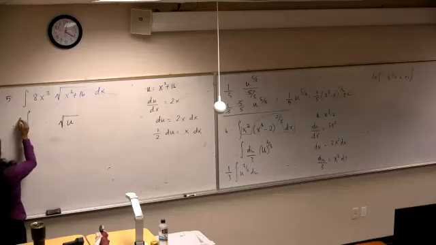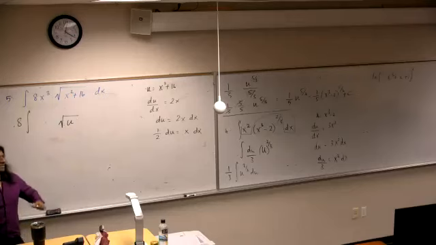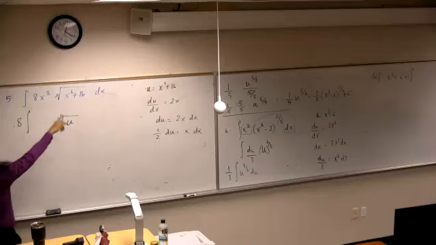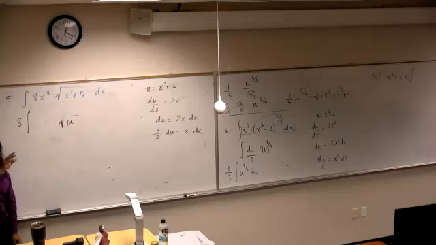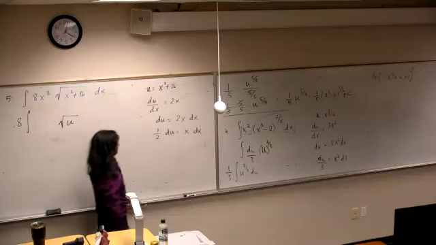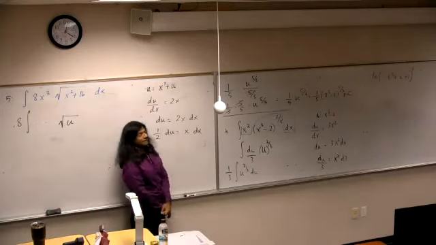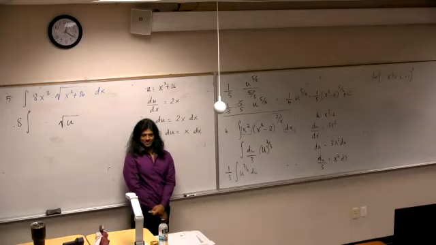I can pull a 1/2 out. That's not a problem. So once that substitution is made, whatever you leave behind in the integral is x cubed times dx. Correct? All I have is x times dx.